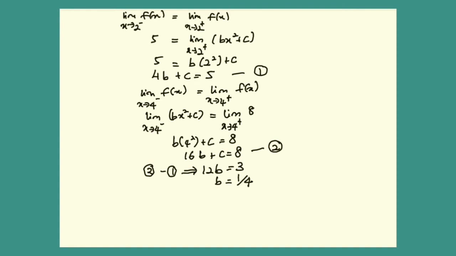And then substitute b equal to 1 over 4 into equation 1. Here is 4 times 1 over 4 plus c equal to 5. Here is c equal to 4.